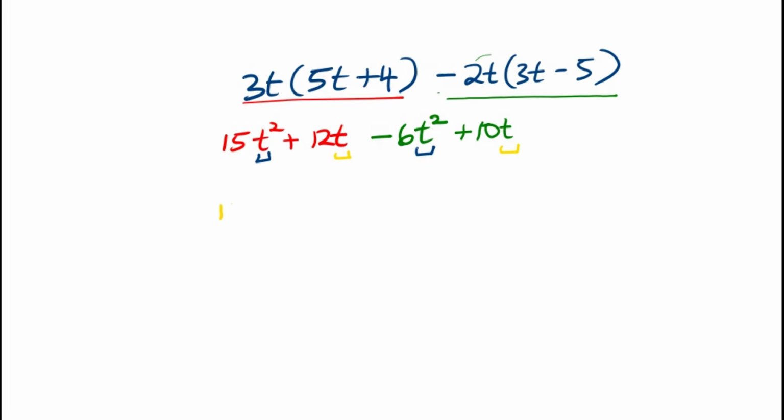I'm going to get 15t squared minus 6t squared, and then now I continue, plus 12t, okay, plus 10t.